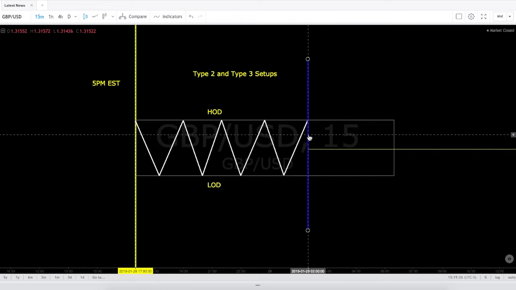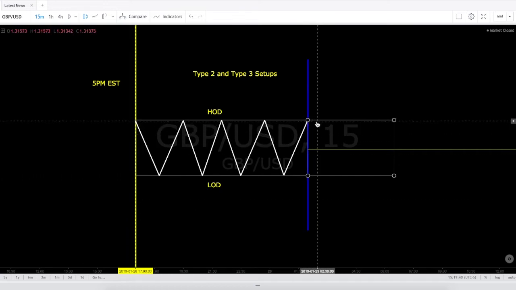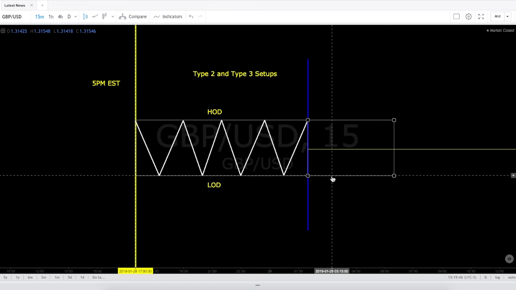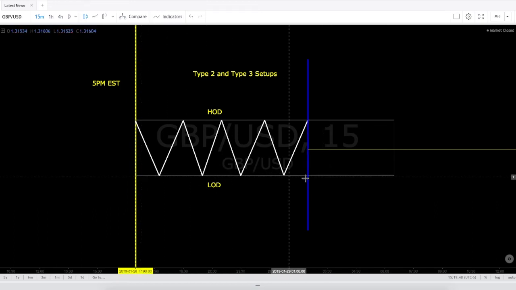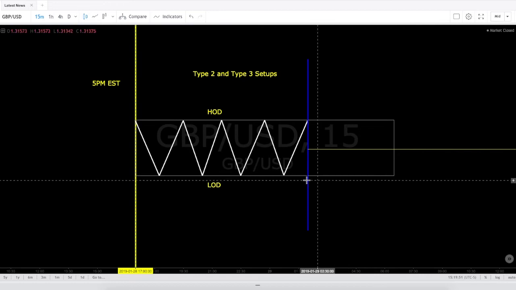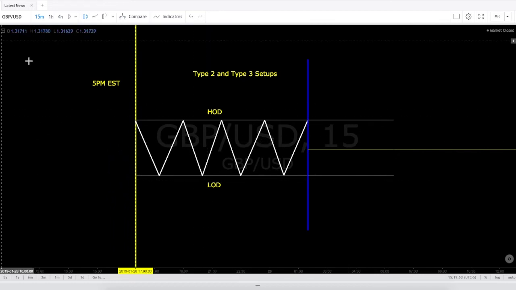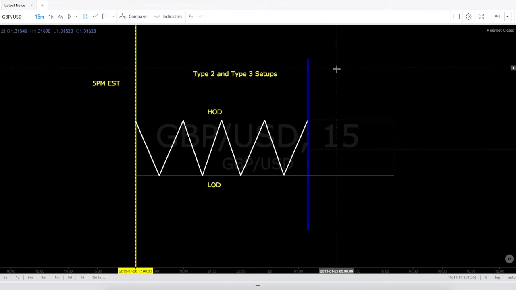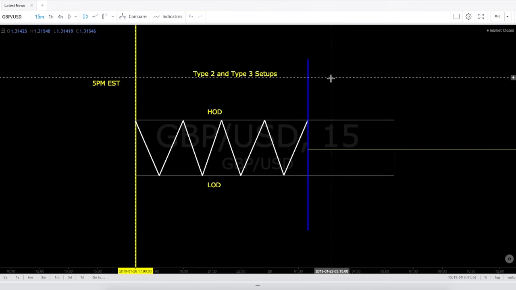Okay, the same thing with a type 2 setup. The caveat to a type 2 setup is that it's happening either at the high of the Asian range or at the low of the Asian range. And we're talking about the initial Asian range here. Anytime that price moves below the Asian range or above the Asian range, then we're not talking about a type 2 or type 3 setup at this time.